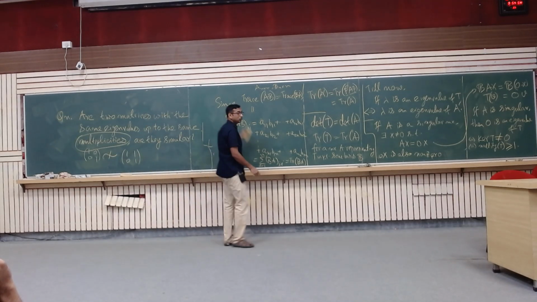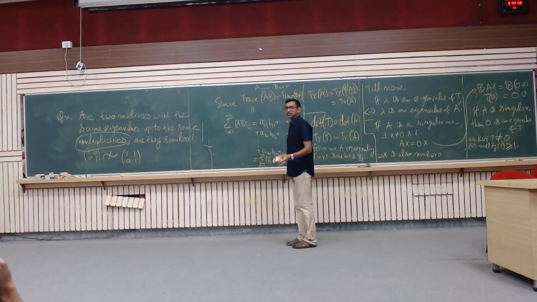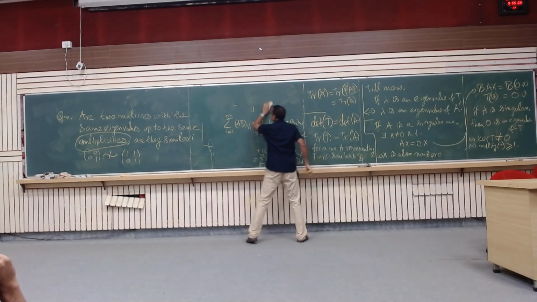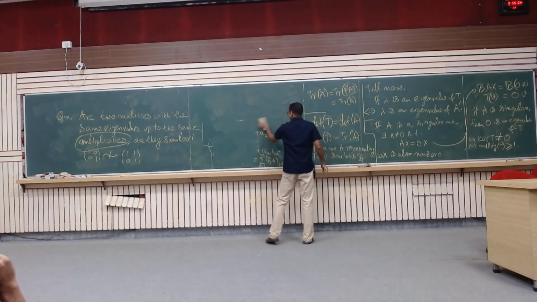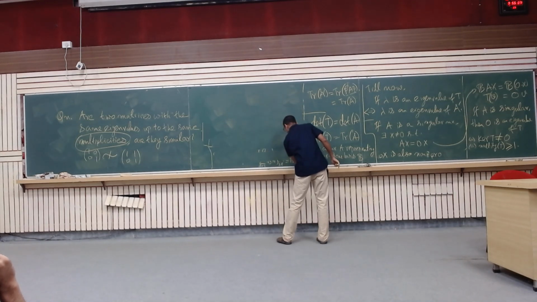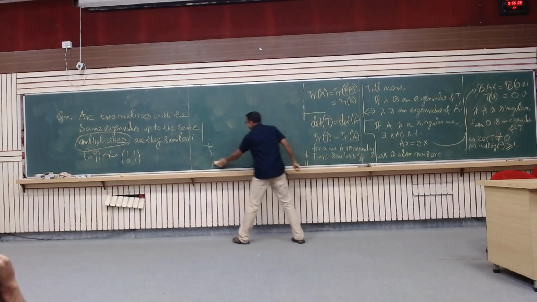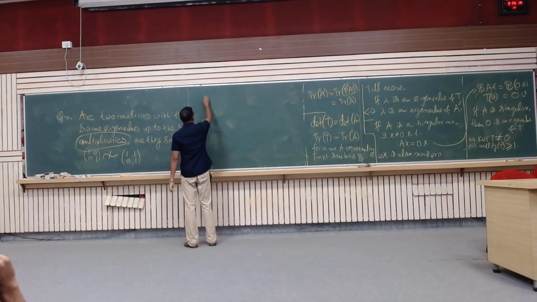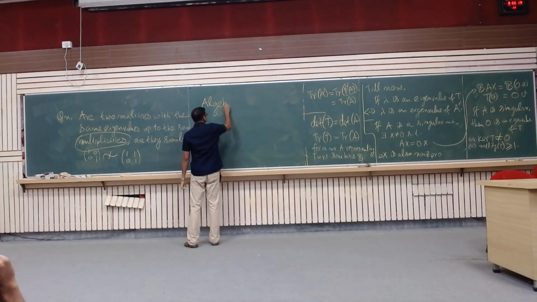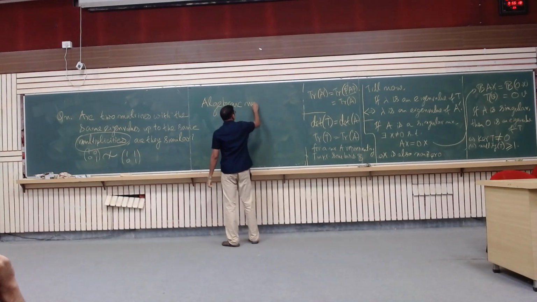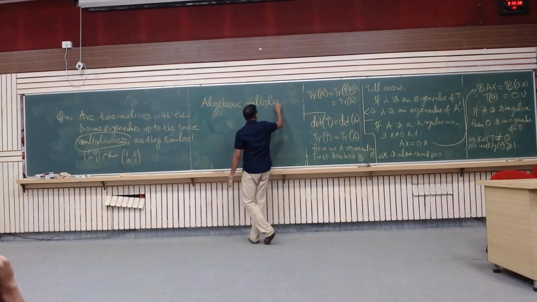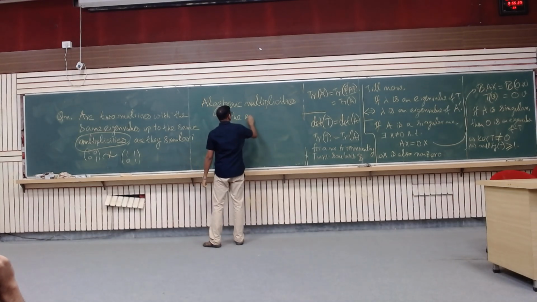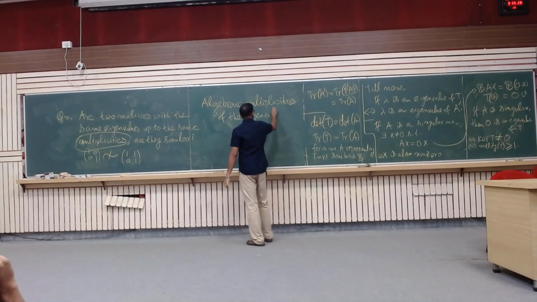Indeed, what we meant by multiplicities there are called algebraic multiplicities of the eigenvalues.